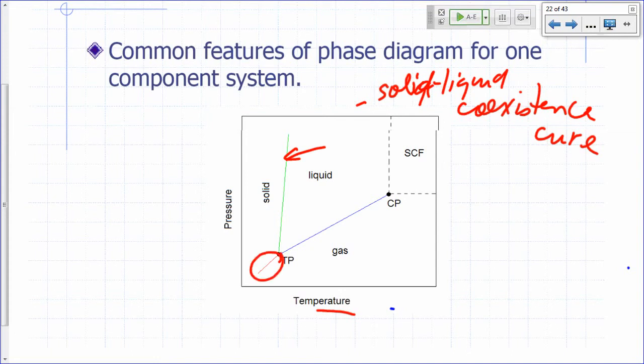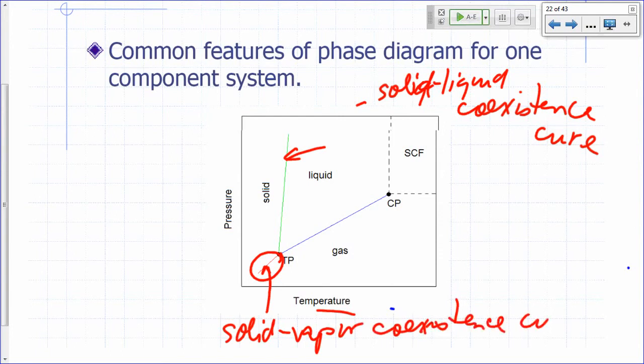Now down here, what do you have? Based on the information I've given so far, this red curve right here is what you would call your solid-vapor coexistence curve. That's the sublimation temperature versus pressure, or you can say that's the vapor pressure of the solid versus temperature.